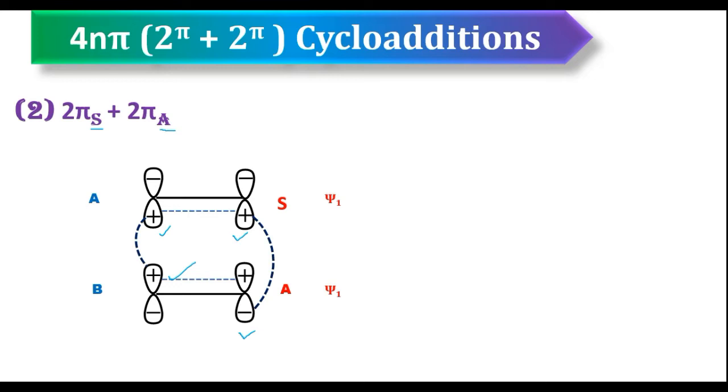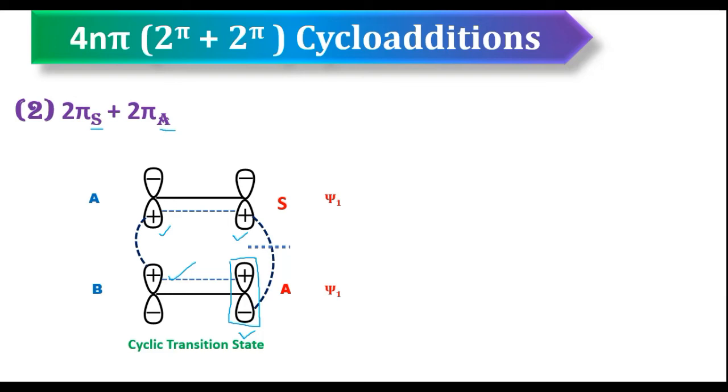So now you identify the nodes friends. Here you can see plus connected to plus, connected to plus, connected to plus, but this orbital is connected to minus. So this is a node. So a cyclic node, here a node is present. You may have a doubt, sir, here plus is connected to minus, but one thing friends, this complete molecular orbital belongs to this one atomic orbital, so this atomic orbital does not have the node.